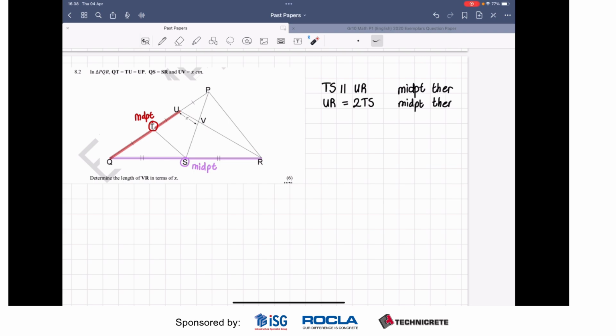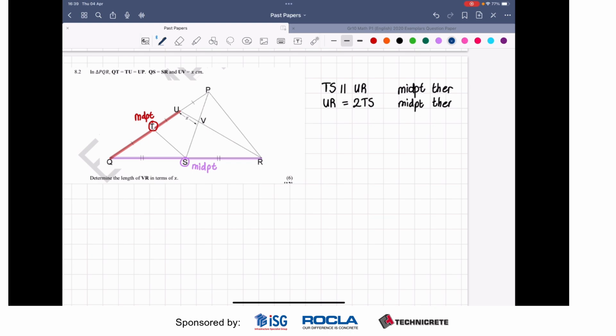So now that I know that TS and UR are parallel, then that means that TS and UV are also parallel. And since this UV is going through another midpoint, U is now the midpoint of TP, then that means that V must be a midpoint, and it means that this UV must be half of the length of TS.